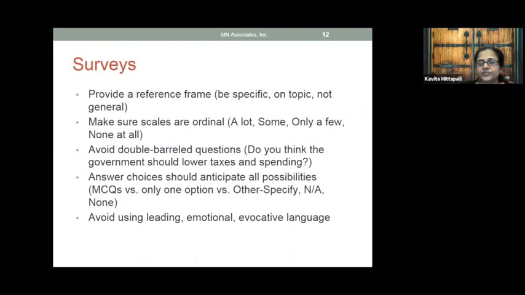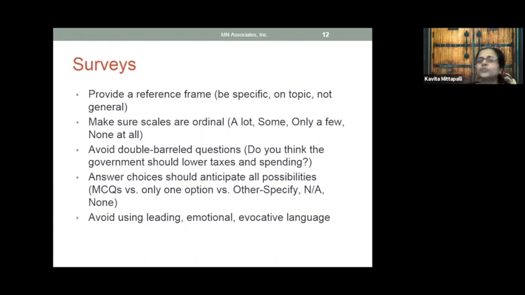Then answer choices should anticipate all possibilities. Remember, as I mentioned, to include the options of other, specify, prefer not to answer, not applicable, none, because that way you are easing the person into responding the way they want to respond. And then you don't want to upset them, where they say, well, they're really forcing me to respond to a gender question, I'm not feeling comfortable.